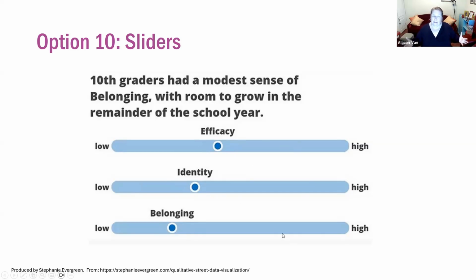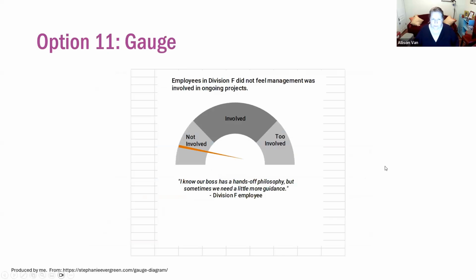If that's what you want people to take away, taking away the percentages can actually be really useful because people can just sort of at a glance see, okay, yeah, I see that. If you wanted to even make this a little bit stronger, I might do a little line right at the midpoint just to make it a little bit easier for people to be able to see exactly where these are.